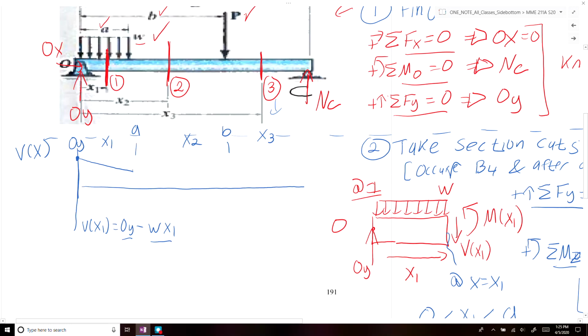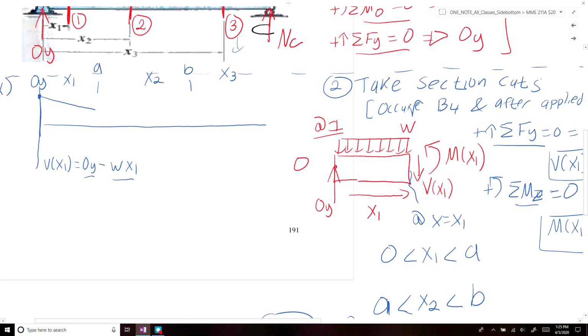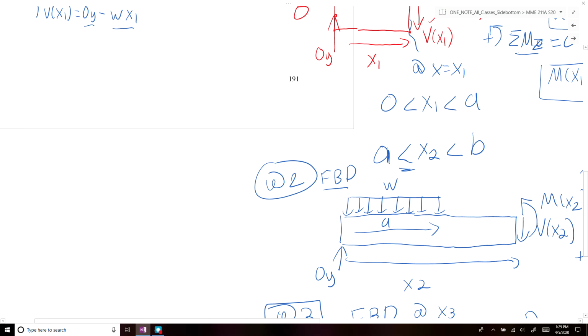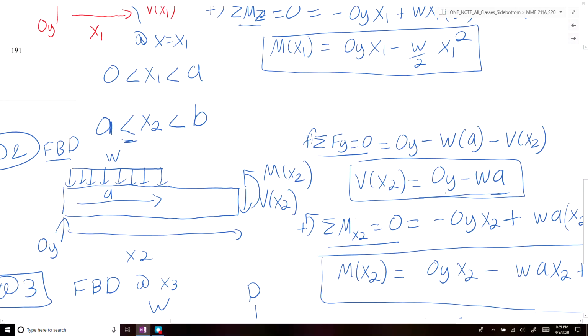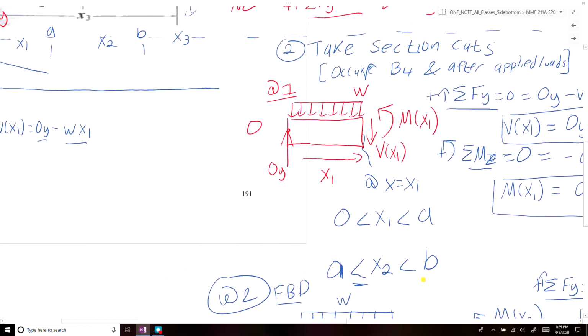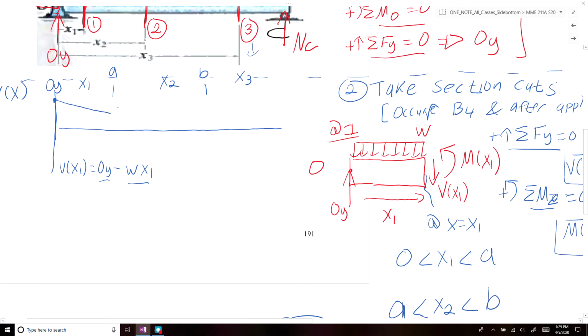After that point, within x2, we have V of x2 is equal to O of y minus w times a. O of y is a constant, w is a constant, and a is a constant. Therefore, our shear force from point A to point B would be a constant as well. So from this point to this point, we have a constant value. So this is O of y minus WA.